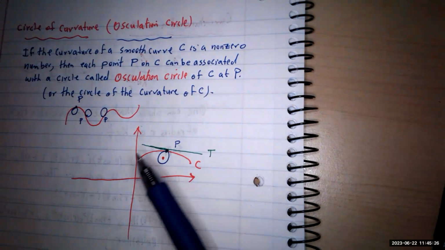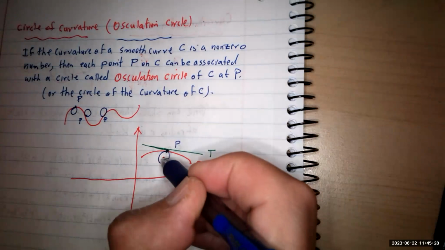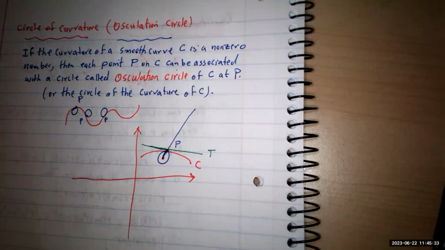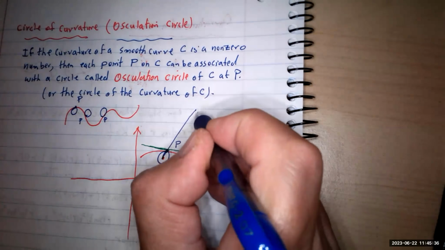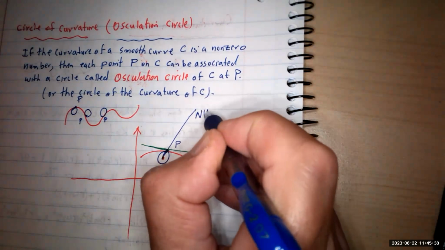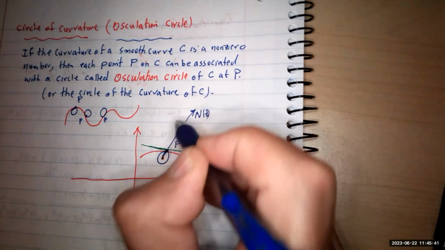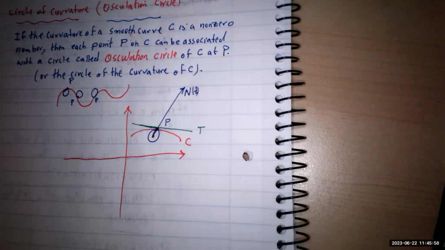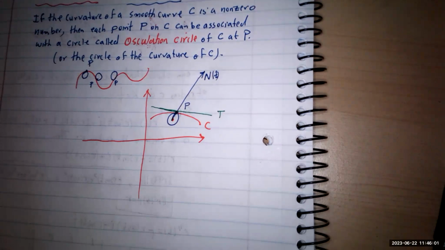Your center is going to be on this line, which is a normal line, N of t, in the direction of the normal, and it passes through the center of that oscillating circle. I'm going to describe it, and I'll give you one example.